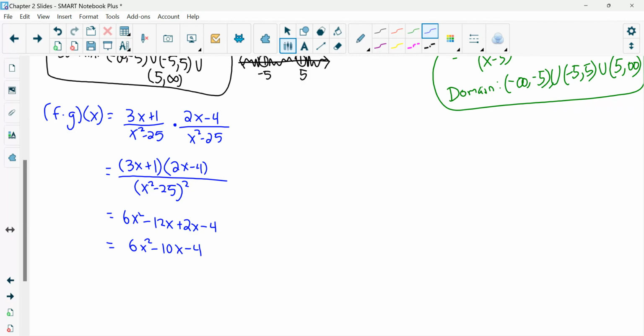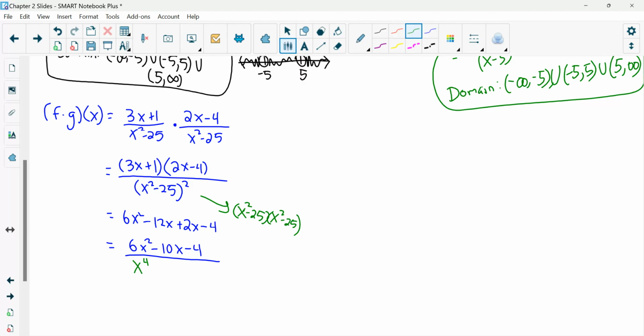And then on the bottom, it's a binomial squared, so we can do our shortcut of either writing it twice and FOILing it, or square the first, double the product, square the last. So again, if you forgot how to do that shortcut, you'd have to write it as x squared minus 25 times x squared minus 25. But shortcut, square the first, x squared would be x to the fourth.